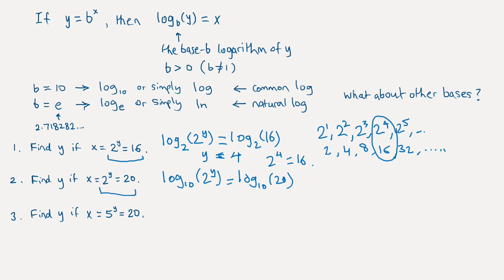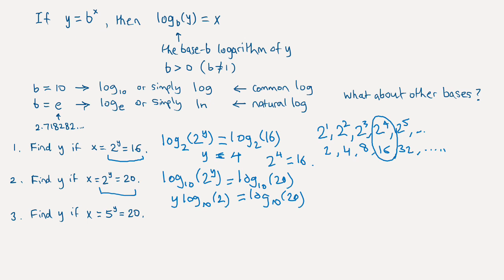Now, if we look at the left-hand side here, we can use one of the properties of logarithms, which we went through in another video. We know that the log of 2 to the power y is the same as y times the base 10 logarithm of 2. And the right-hand side, we'll just leave alone.